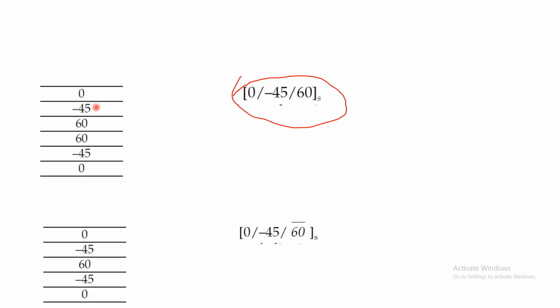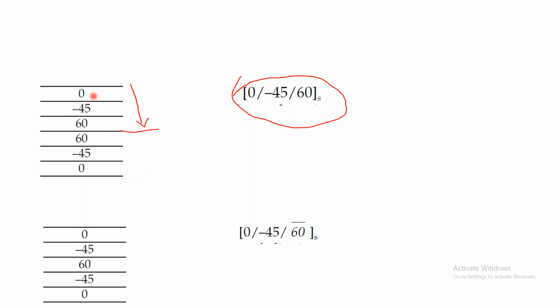If you observe, we have 1, 2, 3, 4, 5, 6 laminas, and the midplane is here itself. And while representing the symmetric laminate code, preferably we will move from the top layer.